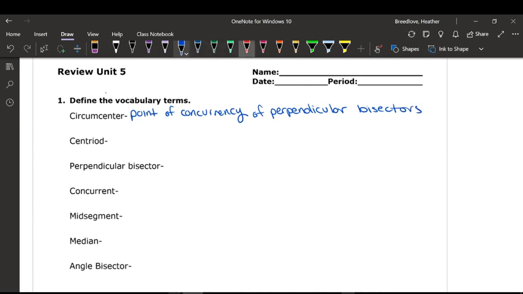Okay, so again, circumcenter is made up of perpendicular bisectors. The other type of point of concurrency is the centroid. It is a point of concurrency because a point of concurrency is a point that's made up of three or more lines, right? That's what it means to be concurrent.